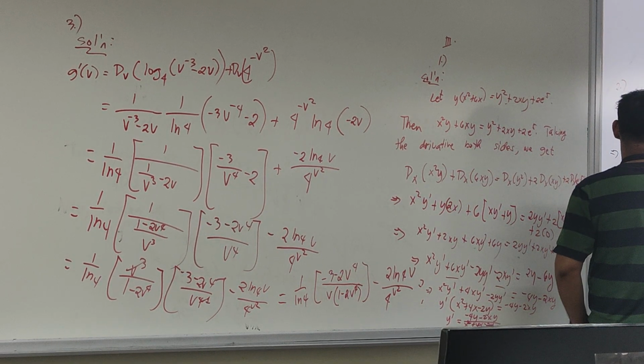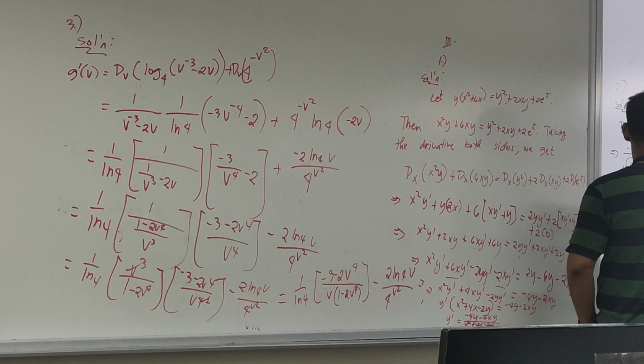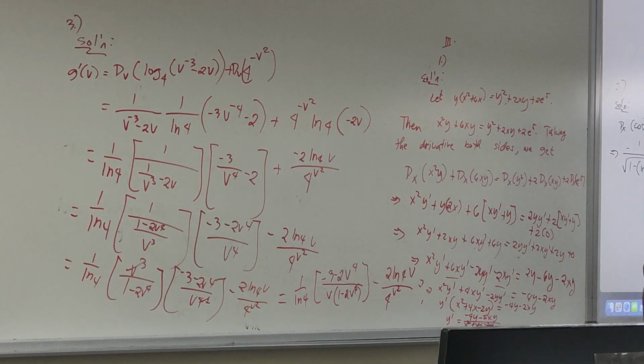This is negative 1 all over the square root of 1 minus xy minus 1 on x squared, times the derivative of u, xy minus 1. So this is xy prime plus y.